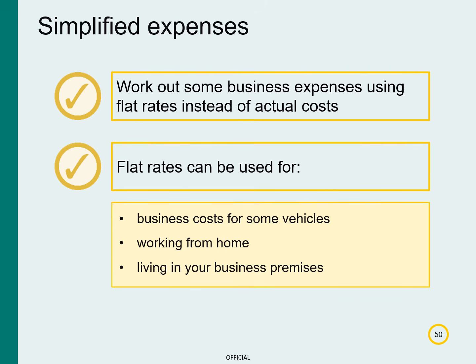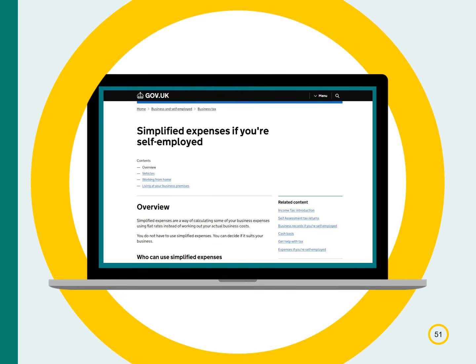You can use flat rates for business costs for some vehicles, working from home, and living in your business premises. You can find out more about simplified expenses and how they work on gov.uk.